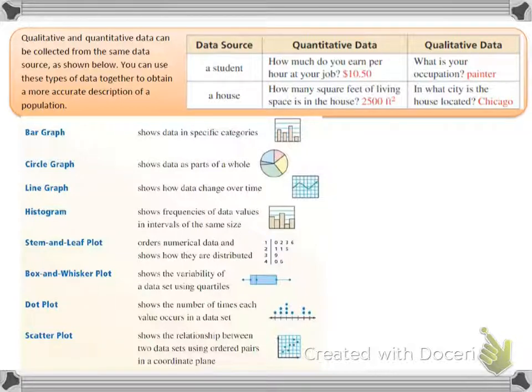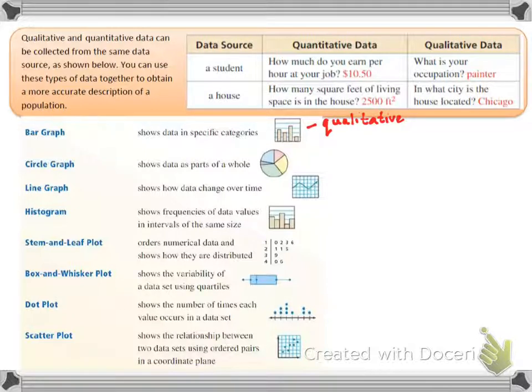Now, the first one is a bar graph, not to be confused with a histogram. Now, a bar graph I'm usually going to use with qualitative data. Okay, so each of those bars might represent something different, but something qualitative.